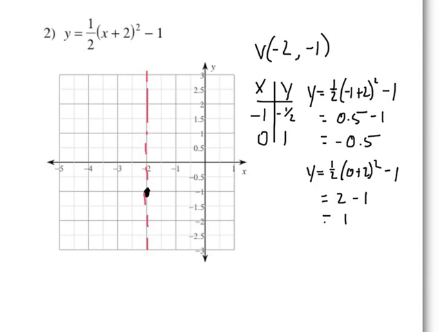So when x is 0, y is 1. Plot your points. We're at (-1, -1/2) and we're at (0, 1). Our points need to be mirrored to the other side. And now all we need to do is draw our parabola.